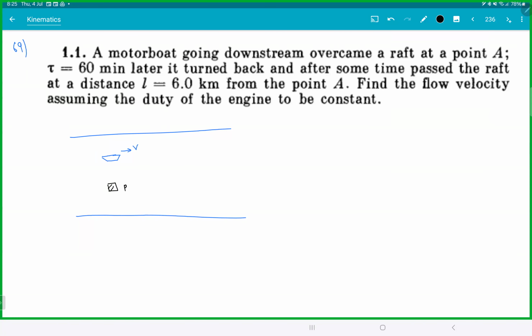Raft is nothing but a wooden plank, which drifts with the speed of the river.